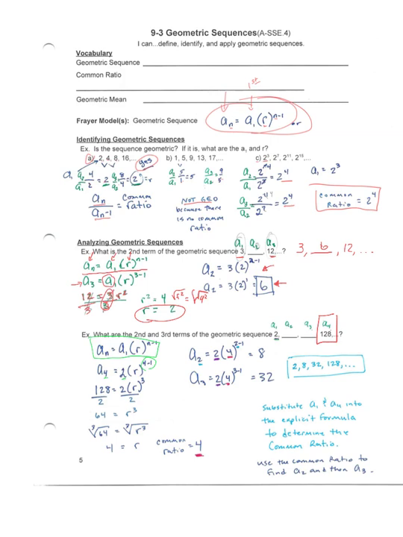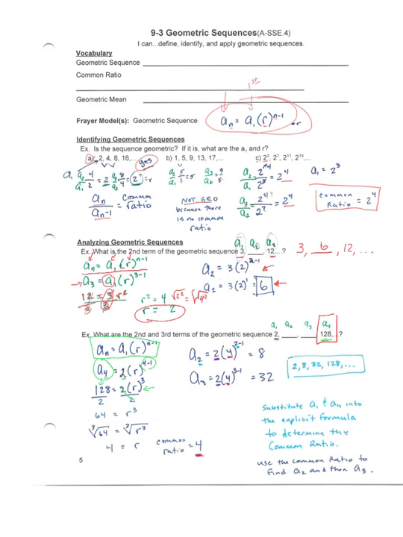So now we simplify. I've replaced here. We know that A4 is 128, so we've done a substitution here, using some of the given information. We can divide both sides by 2 to get rid of this coefficient right here, and then we end up getting 64 equals r cubed.